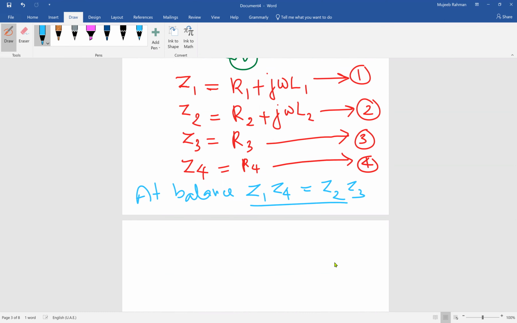This is one of the important conditions: the product of impedances in opposite arms can be equated. If we replace the impedances by their values, we get R1 plus j omega L1, multiplied by R4, is equal to R2 plus j omega L2, multiplied by R3.